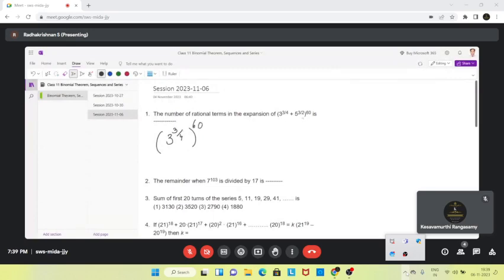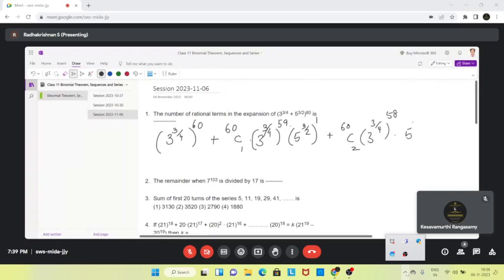This is (a plus b) whole to the power of 60 is 60C0 into a to the power of 60 plus 60C1 into a to the power of n minus r, that is 60 minus 1, into 5 to the power of 3 by 2 whole to the power of 1, and so on.